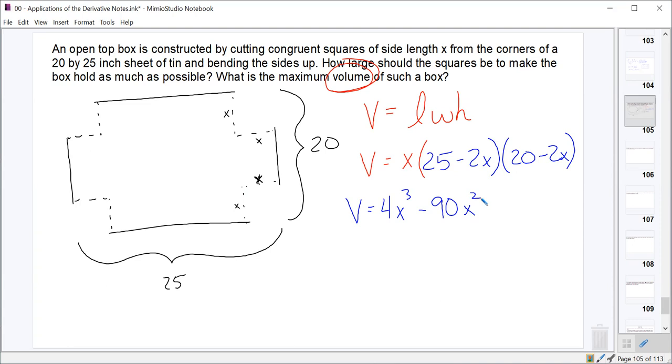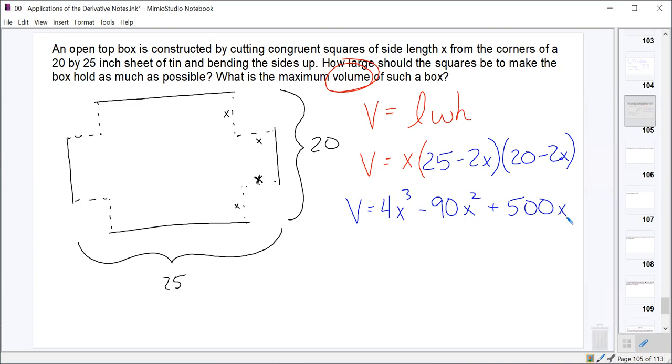And then we've got 20 times 25, which is 500, and times that x is plus 500x. So we've got a nice little equation for the volume of our box right here.